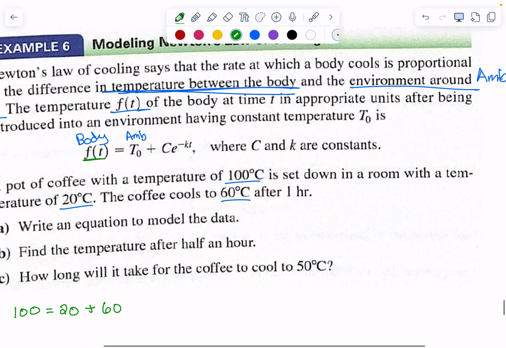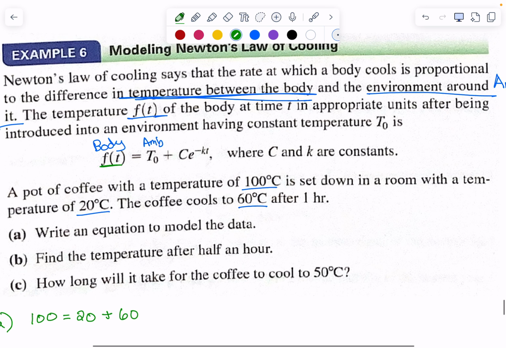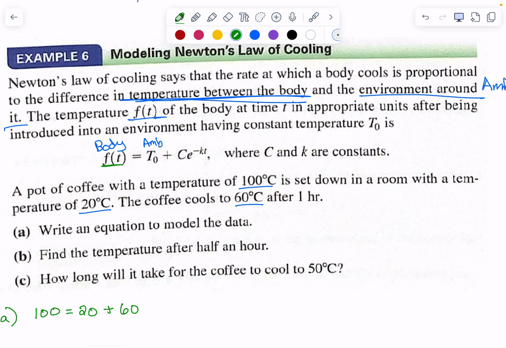Let's see, what is it called? The temperature F of the body at time T in appropriate units after being introduced to an environment.